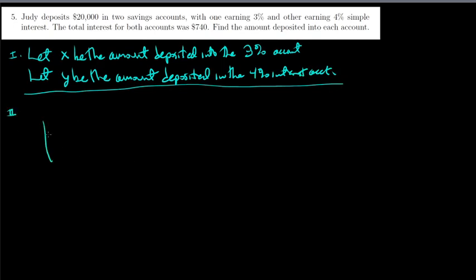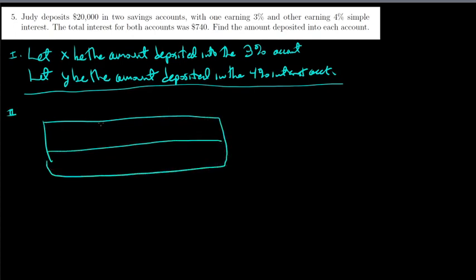I usually like to make a table here, although you don't have to. So what do we have, right? We have the amount of money that we're putting into the savings account, and then we get interest, right, based on these percentages.